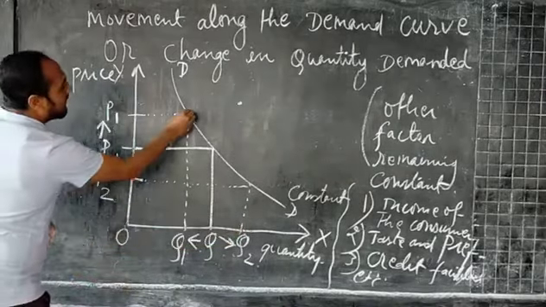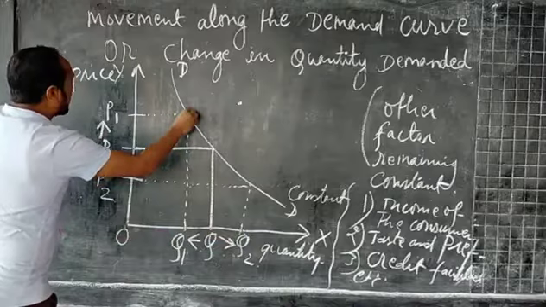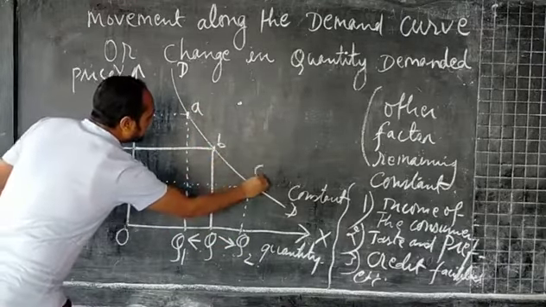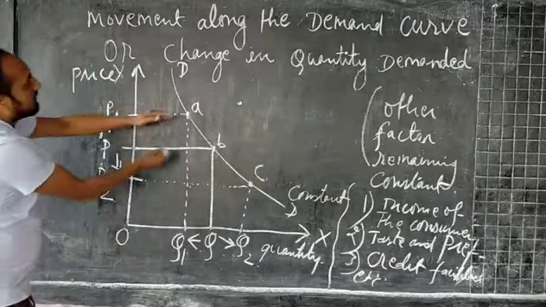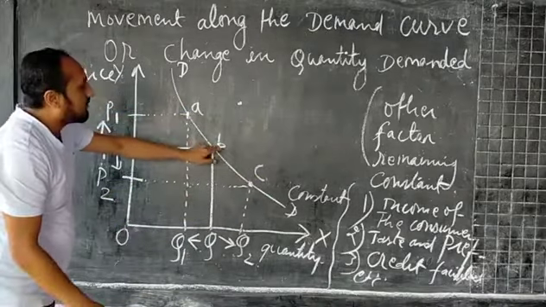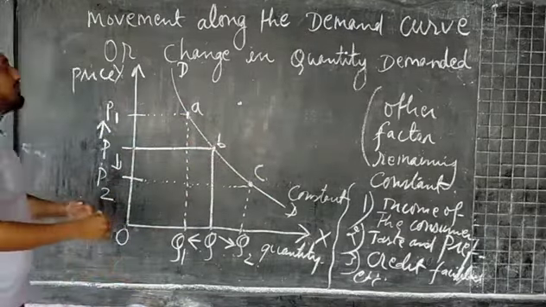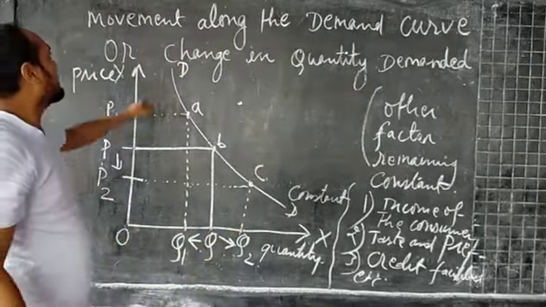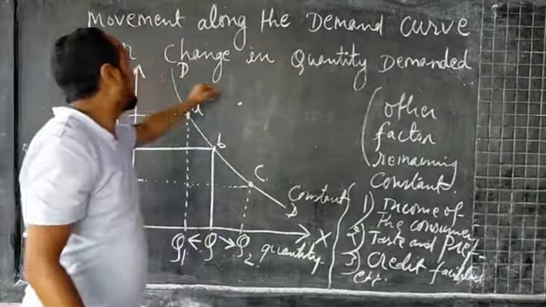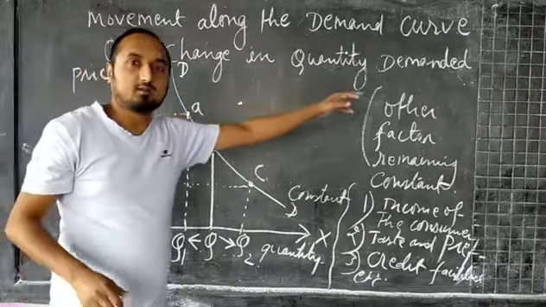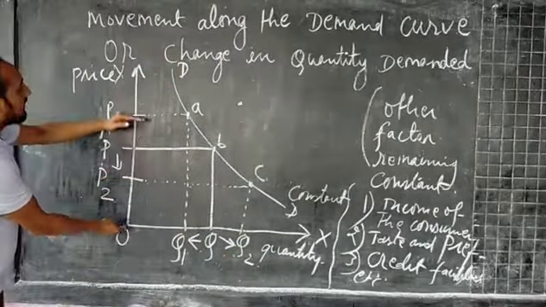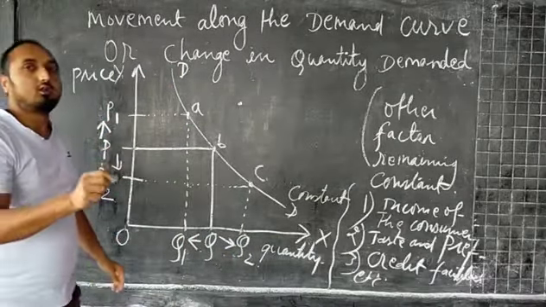Let's call these points A, B and C. The movement from point A to point B or point C is known as movement along the demand curve or change in quantity demanded. It takes place due to either a rise in price or a fall in price.